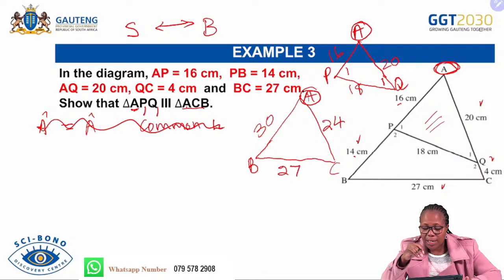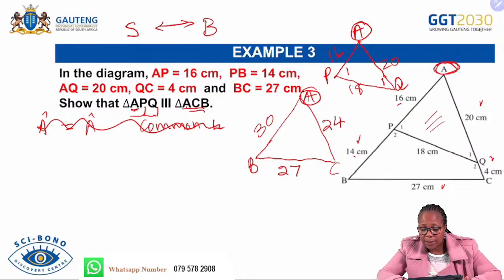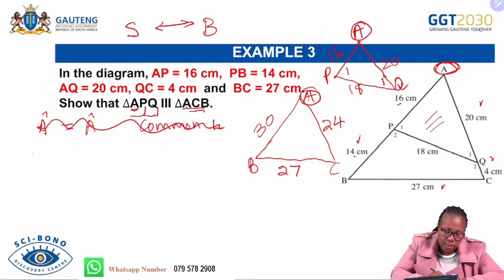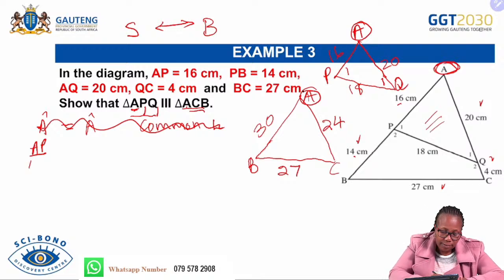So you look in the triangle APQ since it's the first one here, followed by the triangle ABC. Which side is the smaller one in triangle APQ? That is side AP. Can you see that? That will be AP over the small side on triangle ABC, that is AC.